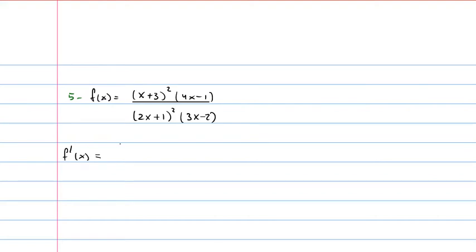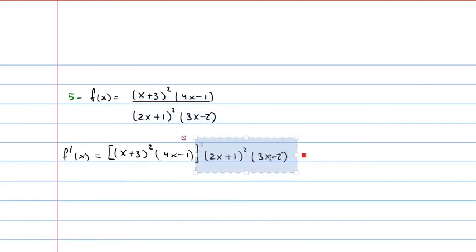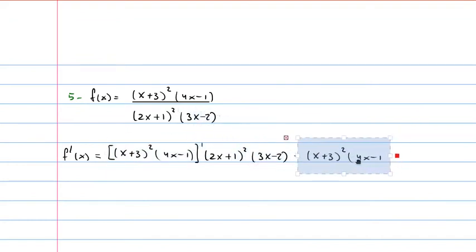So first of all, it's a quotient, so we can have the derivative of the numerator times the denominator, minus the numerator without differentiating, times the derivative of the denominator.